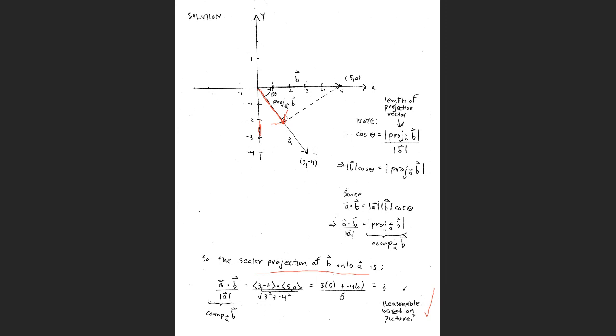That's right, Eli. So if we consider this 3 as a multiple of a vector going in the direction of A, we could get the projection.